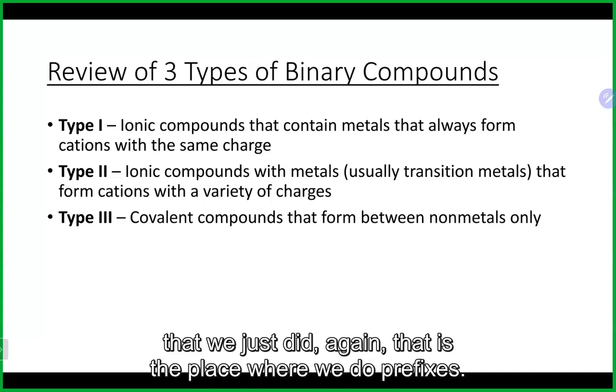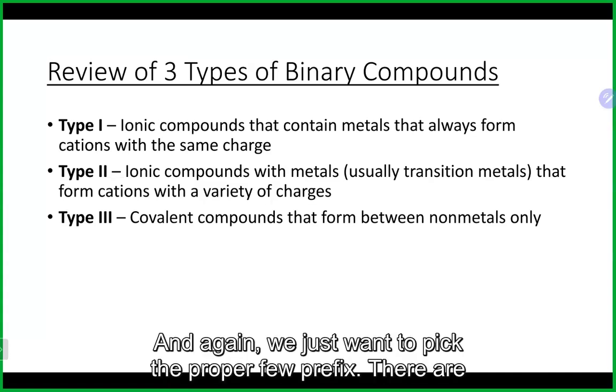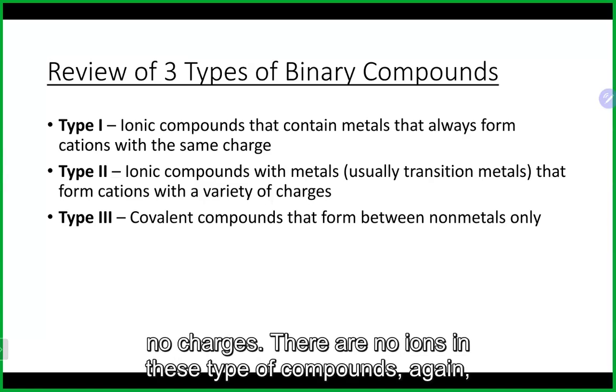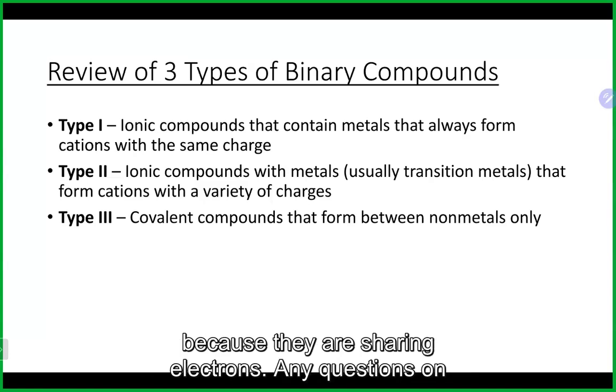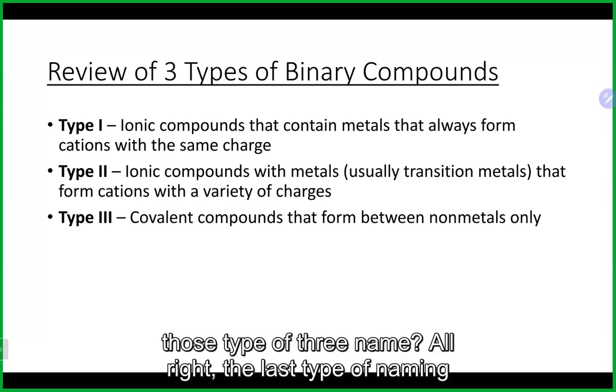Type 3 that we just did, again, that is the place where we do prefixes. And again, we just want to pick the proper prefix. There are no charges, there are no ions in these type of compounds, again, because they are sharing electrons. Any questions on those 3 types of naming?